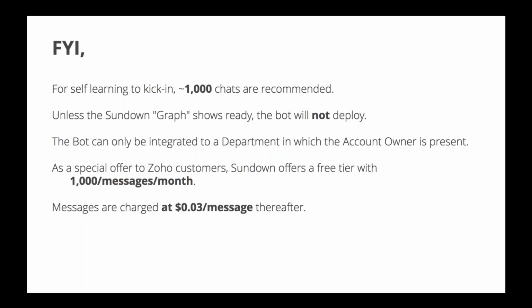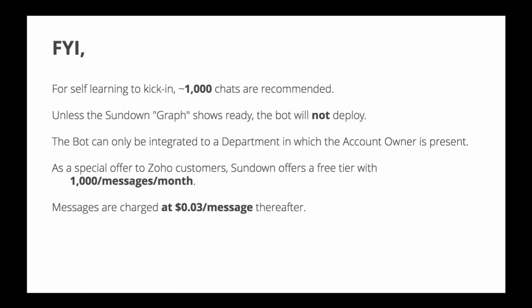I know that you feel that the number is a little too high, and it probably is, but the reason is that machine learning becomes more and more accurate depending on how much data it can go through. So the more chats that Chloe reads, the better the idea she will have as to what responses she should give to different questions. So 1,000 is good. Anything more than 1,000, that's awesome.